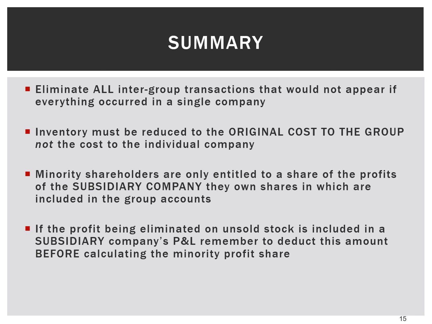But if the sale was from the subsidiary company to the parent company, then any profit that we're eliminating is part of that subsidiary company's profit, and that profit that's eliminated needs to be deducted from the profit shown in the subsidiary company's own P&L before we work out the minority share of the group profit.